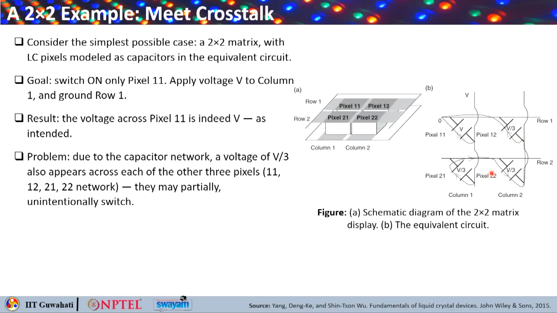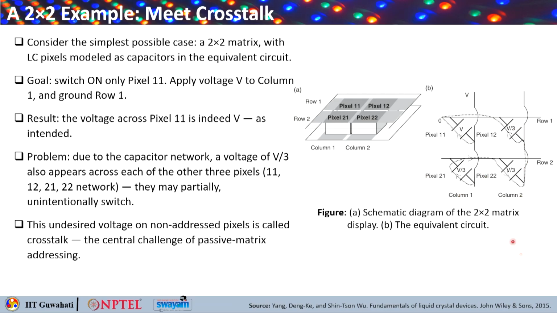Now this problem is coming because the pixel capacitors are all interconnected through the shared row and column lines. That is why a voltage of V over 3 also appears across the other 3 pixels in the simple network, even though we do not intend to address any of them.